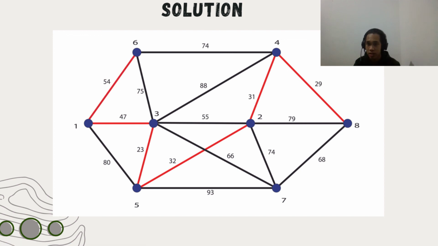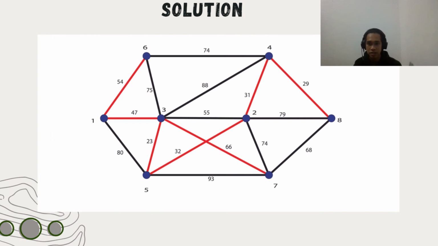Moving on to the next node, which is node 6, there are 3 ways to connect to it, but the least one is from node 1, which has the weight 54. So the next line will be 6-1 with weight 54.